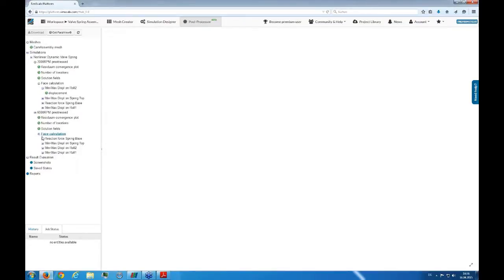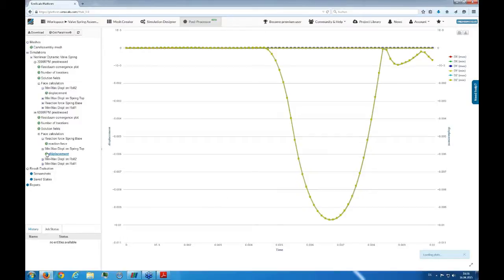Yes, for the 6,000 RPM, we see something interesting if you have a look at this one, the max displacement at the spring top. What we see is it has the correct motion, or resembles it, but then it smashes against the roller and it tips off again.